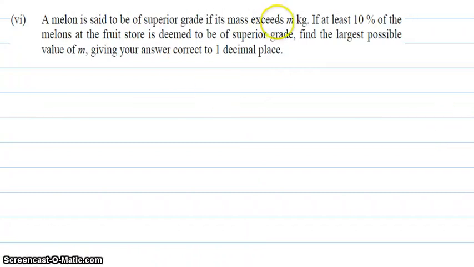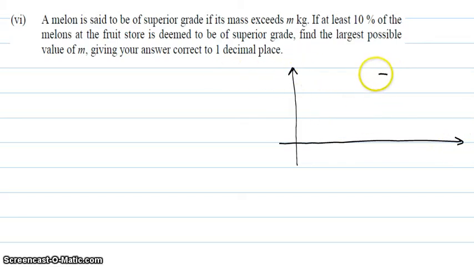Okay, so what is this asking? It basically means at least 10% of the melons at the fruit store are determined to be of a superior grade. So if I have my normal distribution here, I actually can put some numbers to this.